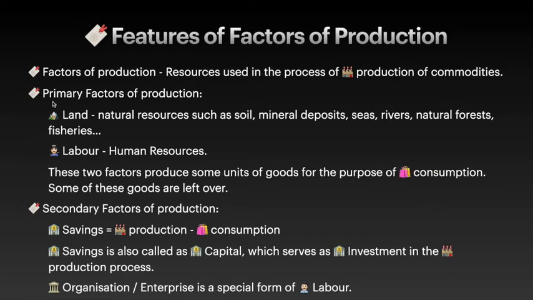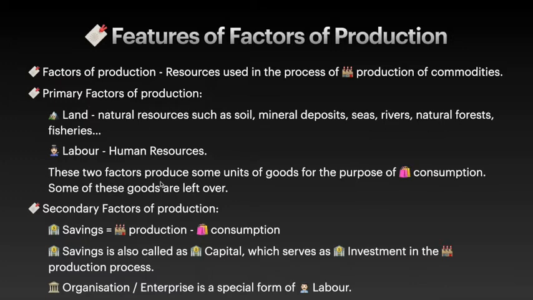First, we'll see what the primary factors of production are. The first one is land. Land represents any natural resource such as soil, mineral deposits, seas, rivers, natural forests, and fisheries. And labor represents human resources. These two, land and labor, together are called primary factors of production.